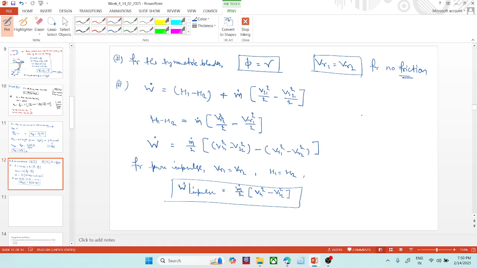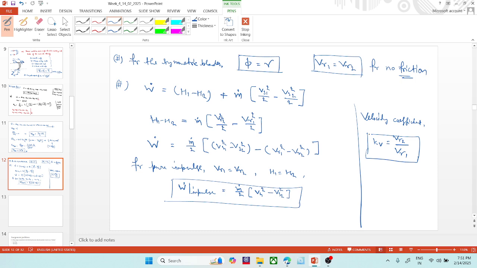Then we have other parameters like the velocity coefficient. This is defined as the ratio of the relative velocity at exit to the relative velocity at inlet.